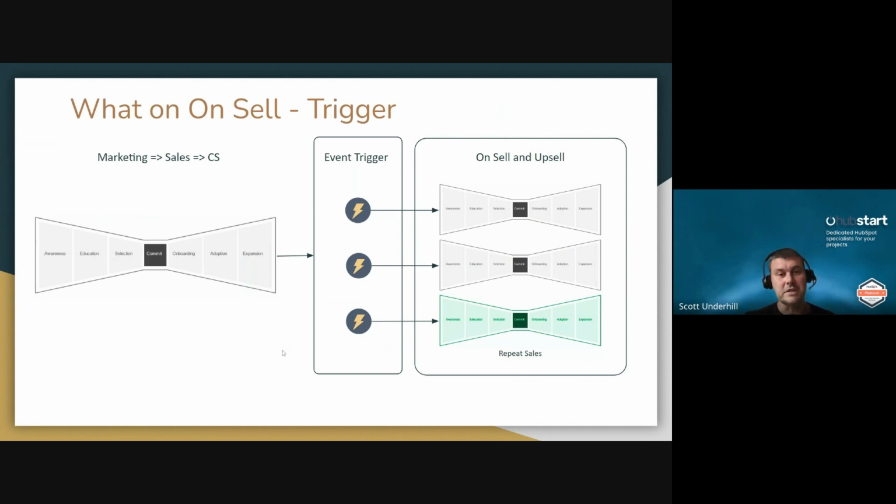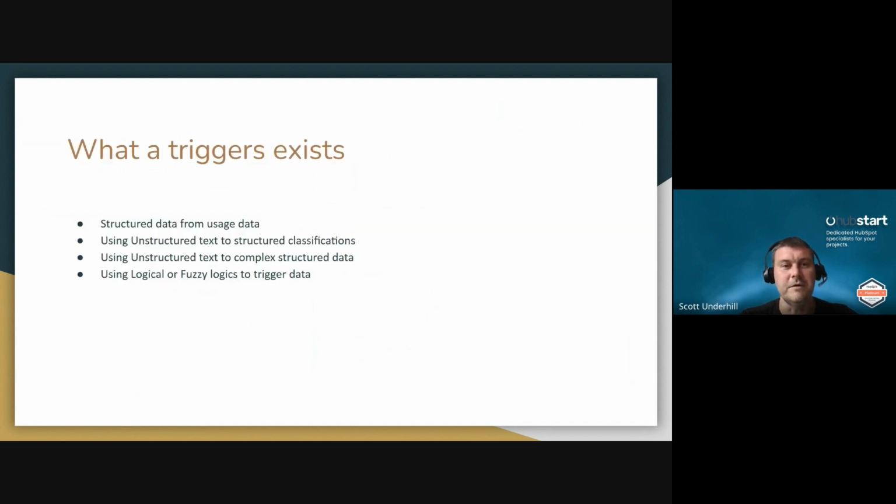In the traditional cycle, we knew about the customer problem in the education stage, but quite often this is actually lost in the customer success stage. There's a reason for it, which is that previously analyzing unstructured data has been very complicated.